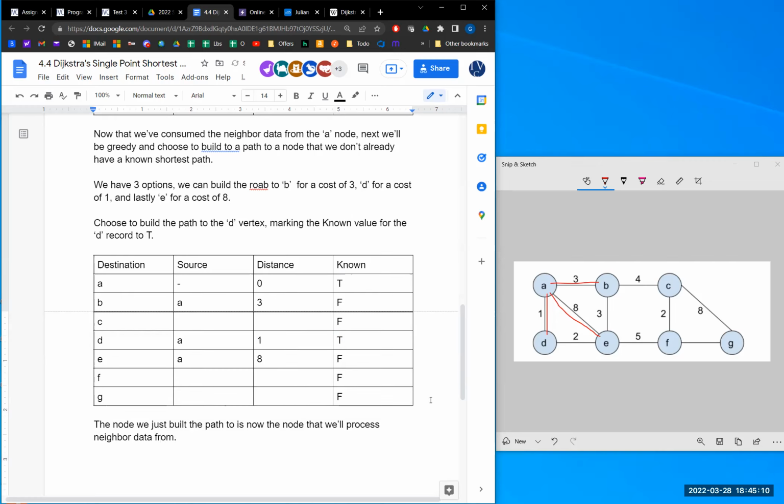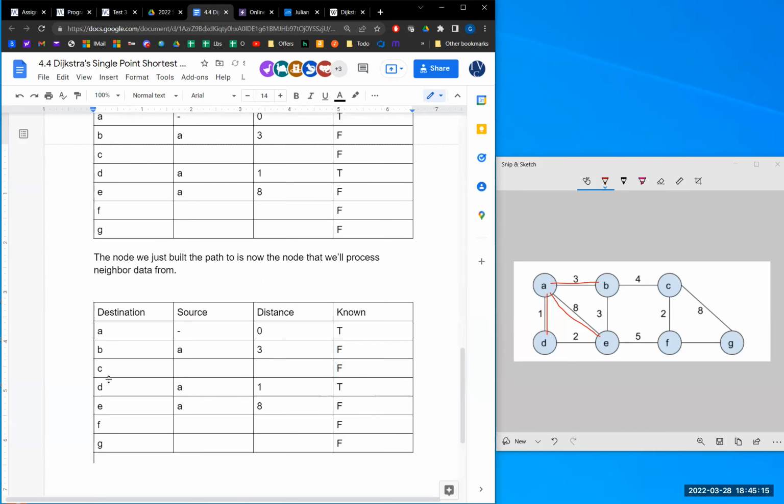So we'll do as we did before. Using B node, get neighbors. All right, so from B has an option to go to C. Don't have any information here, so we'll just go ahead and dump in the data.